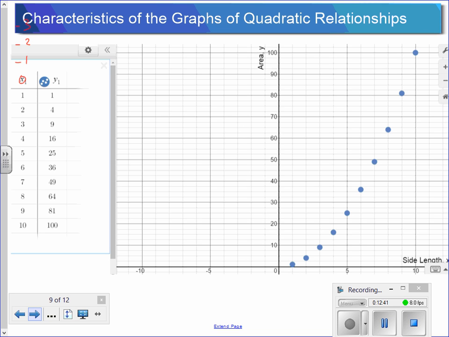Okay, let's just say that we wanted to do that. So in moving backwards, the graph would intersect at 0. And then you would use symmetry to reflect each of these points through the y-axis.